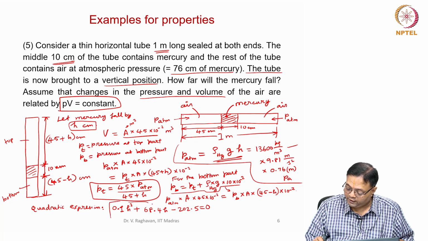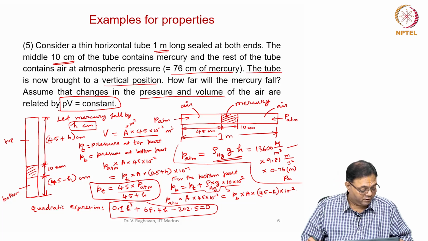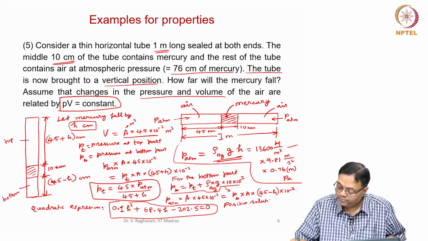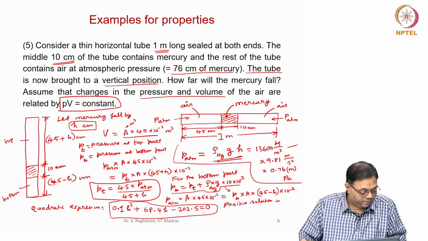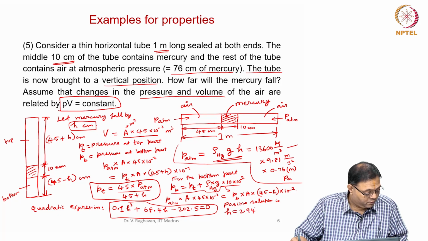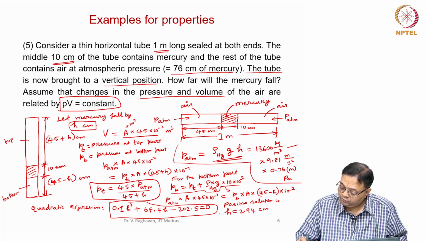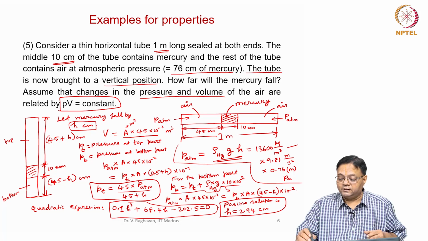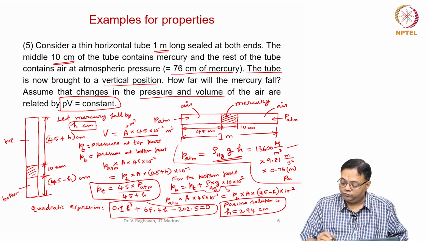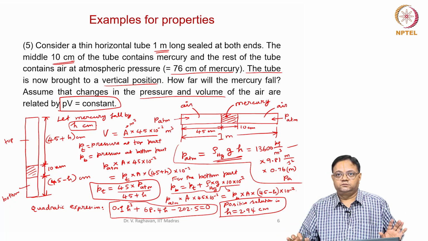So this is the expression I get when I substitute. Now the positive solution for this is h equal to 2.94 centimeter. That is the answer. So when I tilt this horizontal arrangement to a vertical arrangement, the mercury falls by around 3 centimeters. So that is the answer.